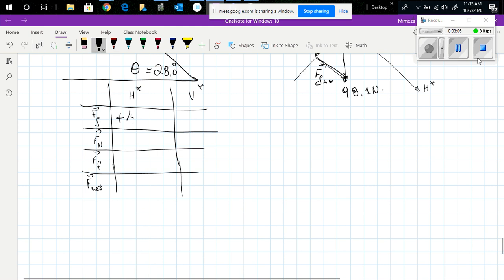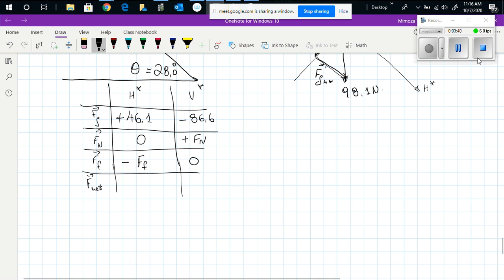It is positive 46.1 if you round it. The vertical component is negative because it is in the opposite direction, so it will be negative 86.6. The horizontal component of force normal is equal to 0. The vertical component is positive Fn. The horizontal component of force of friction is negative force of friction, and the vertical is 0.